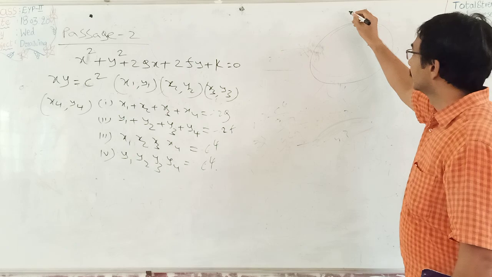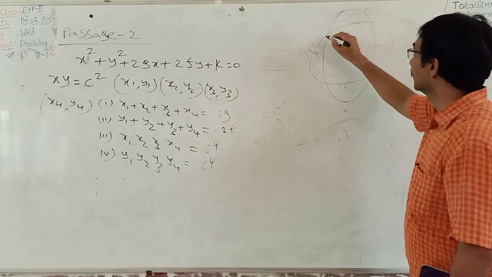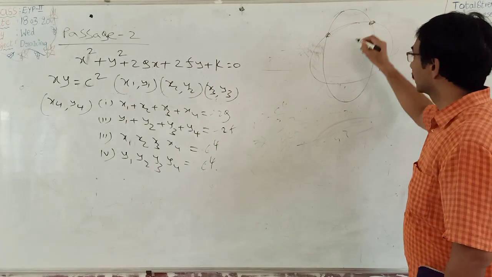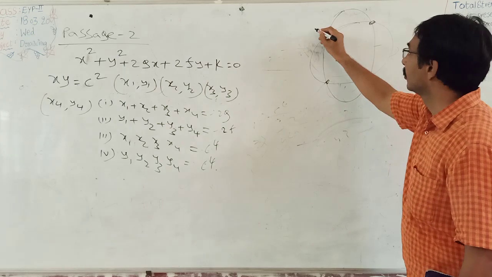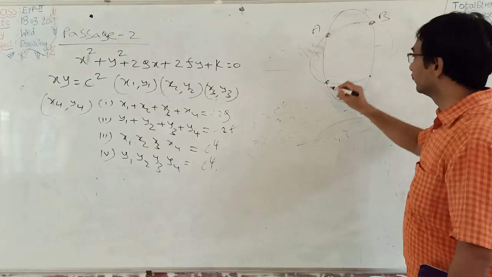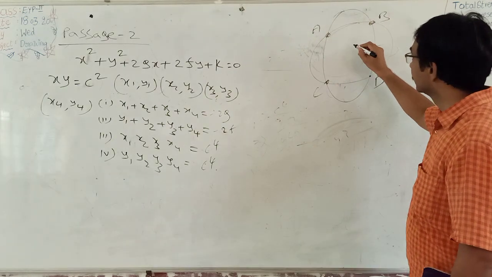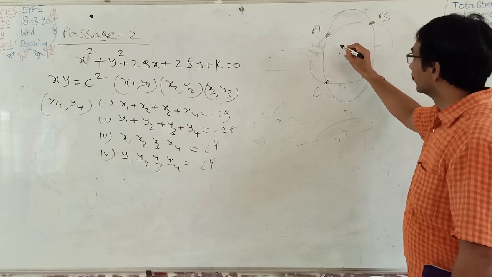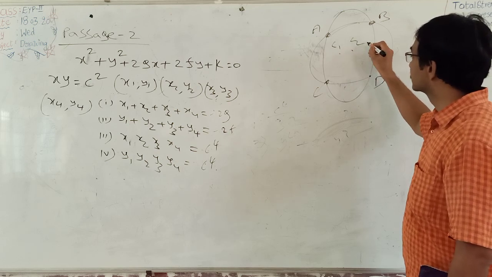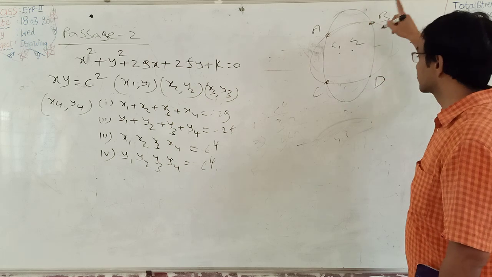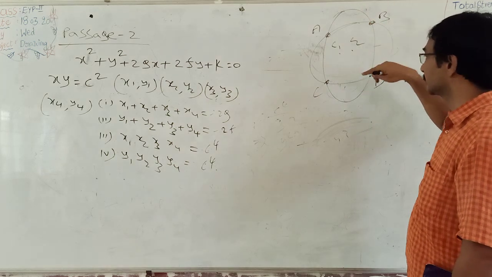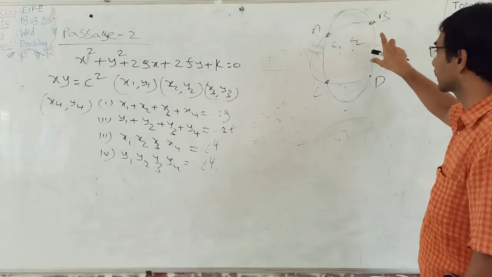For any two second degree central curves intersecting in 4 points A, B, C and D, suppose the center of one is C1 and the center of the other is C2. For example, suppose this is a rough diagram.